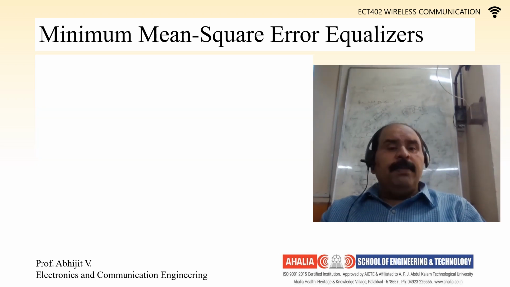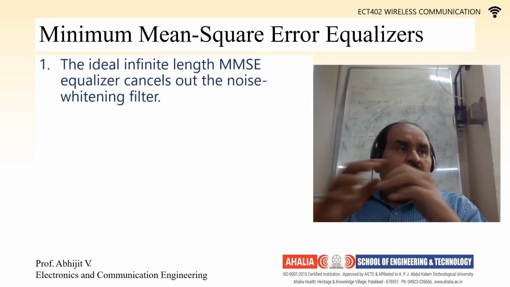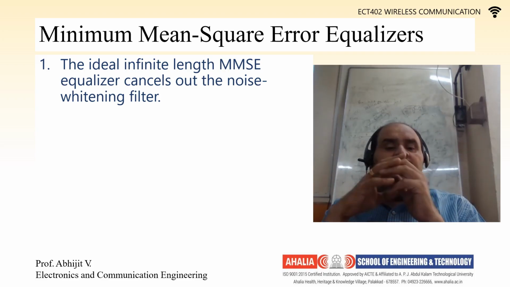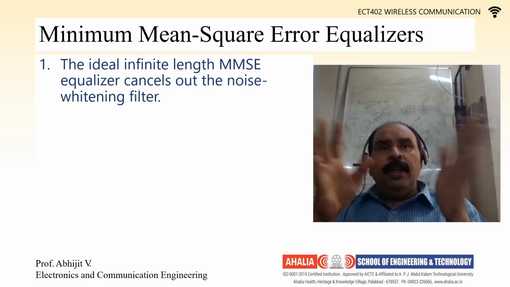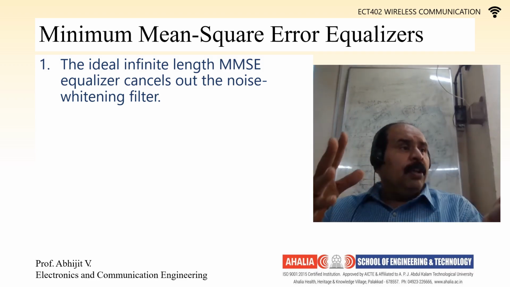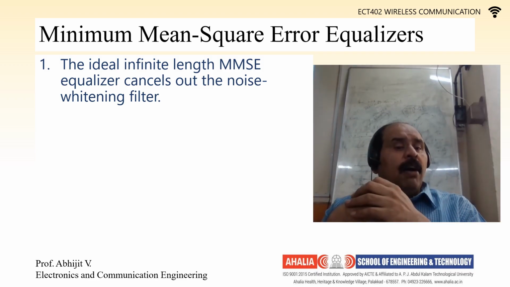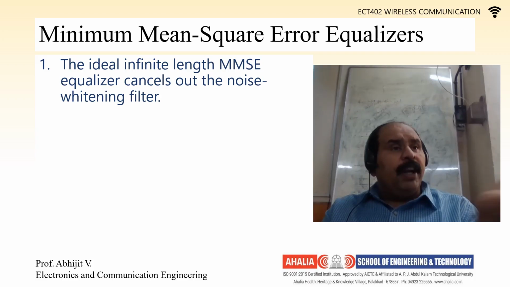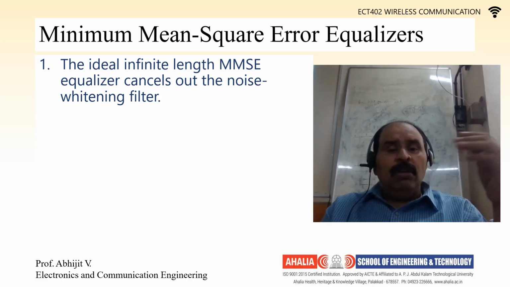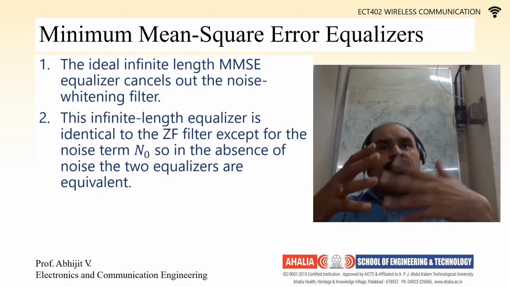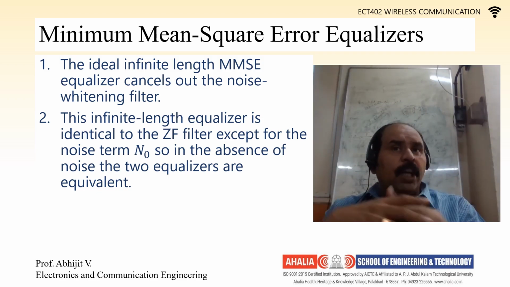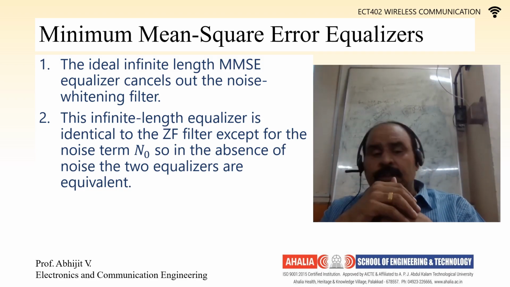So what we learned from this is that the ideal infinite MMSE equalizer cancels out the noise whitening filter. If you have an infinite filter, what happens? The noise whitening is not required, right? Yes or no? Second thing we need to see is that these might be questions in your exams, so you have to be very careful when you write.